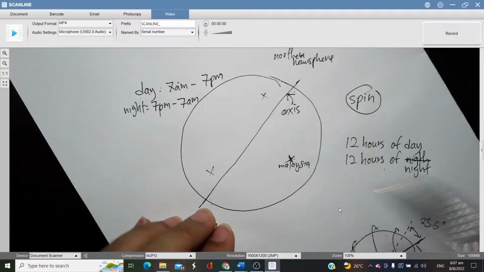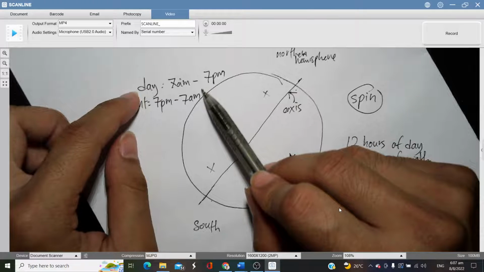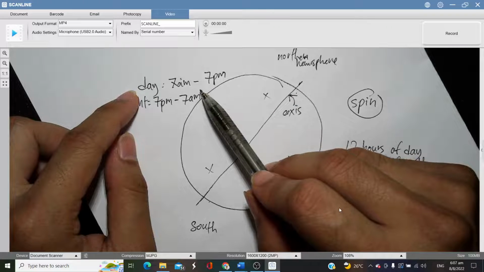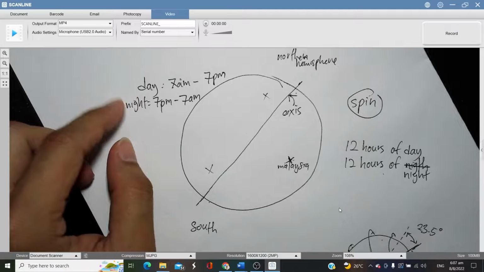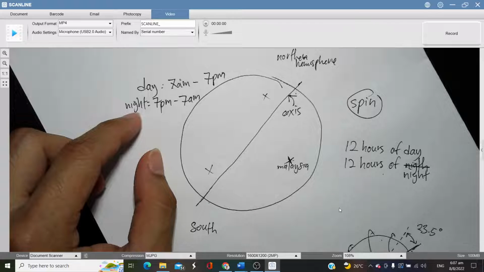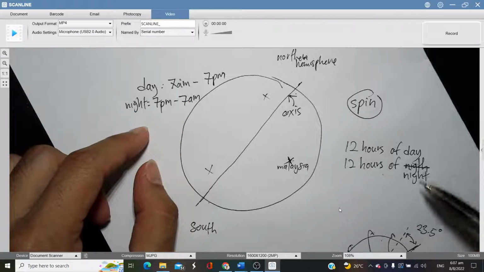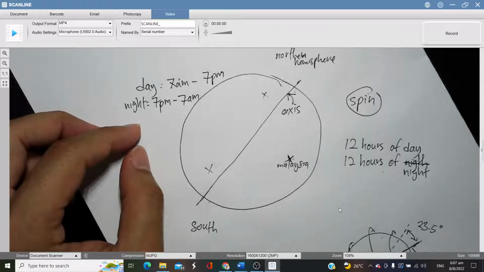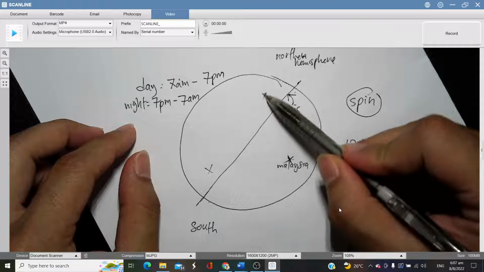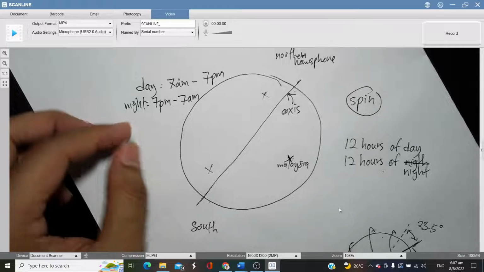But the timing will be different, because right now the day is from 7 in the morning until 7 p.m., and our night time is 7 p.m. until 7 a.m. This is equivalent to 12 hours for day and 12 hours for night. Like I said, it's a different story. Okay.